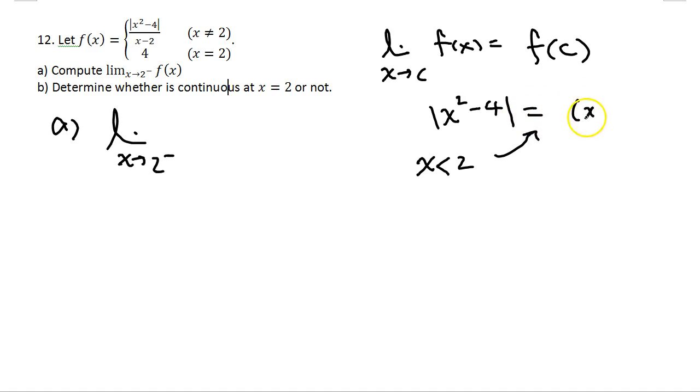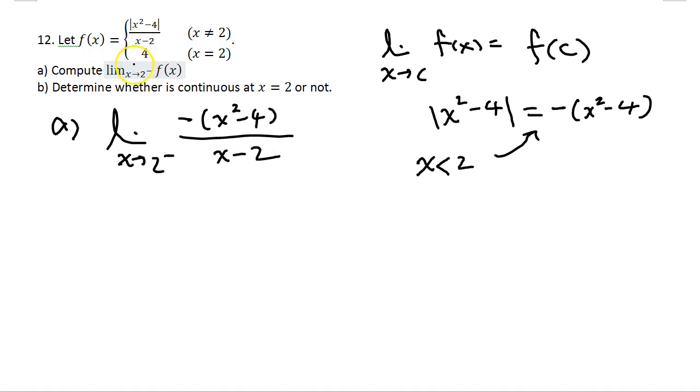It won't be x squared minus 4 because this will be negative. In order to make this positive, you need a minus in front. So when x is going to 2 minus, it will be negative of x squared minus 4 over x minus 2. So this f of x will be evaluated in this way.